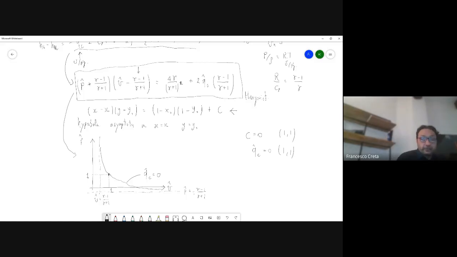On the other hand, if QC is different from 0, we have these other hyperbolas, which will not pass by 1, 1. So it's a family of hyperbolas which are essentially displaced away from 1, 1, in this direction.